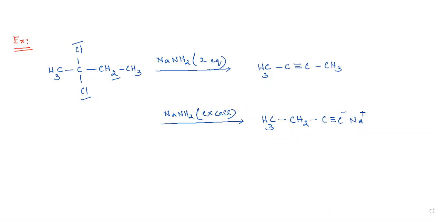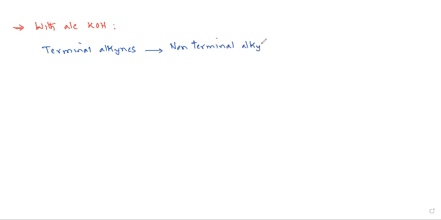Then let us see the next variety, that is alcoholic KOH. See, with alcoholic KOH, yes, we know that the terminal alkynes are converted into non-terminal or internal alkynes.